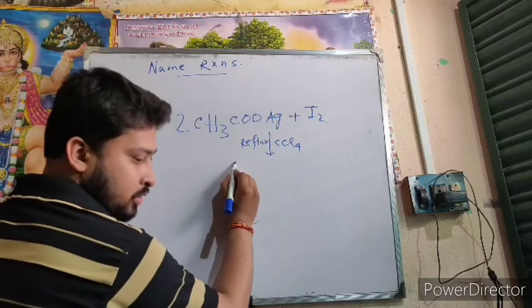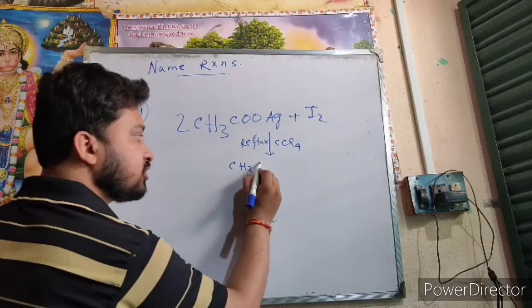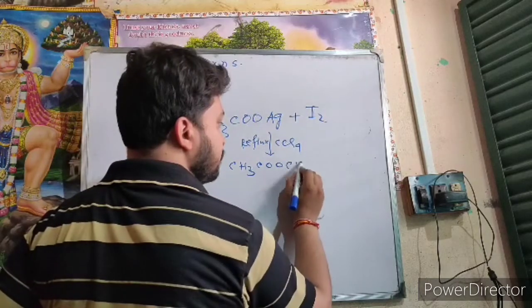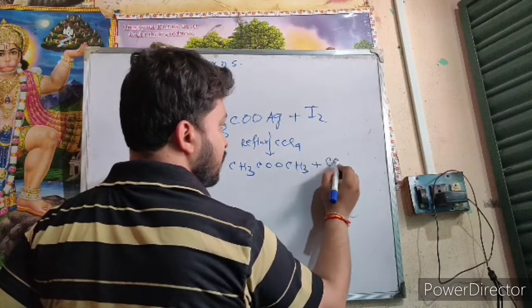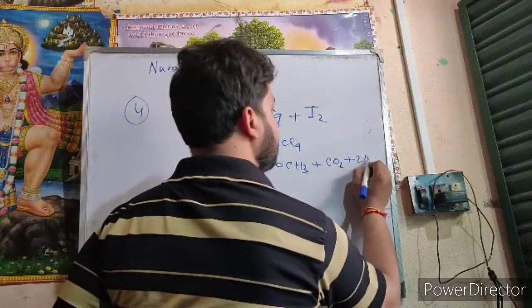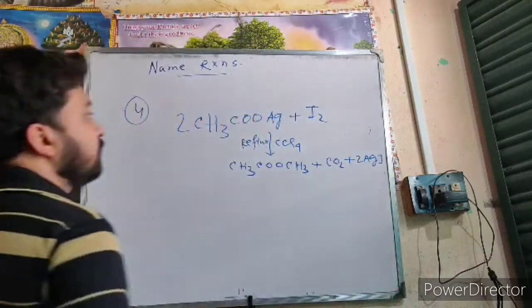What do you get? You get the product CH3COOCH3, removing one carbon dioxide and 2 AgI. This is the Birnbaum-Simonini reaction.